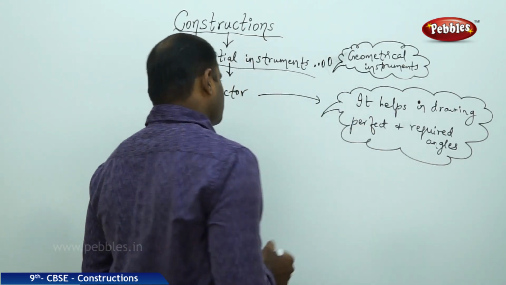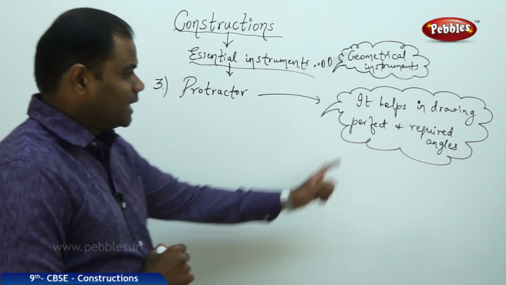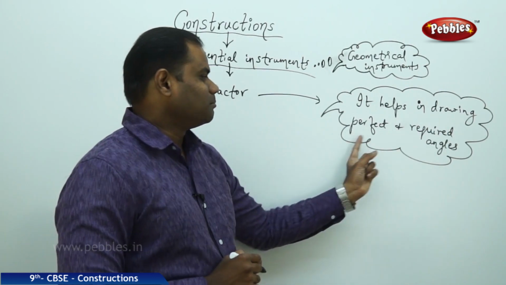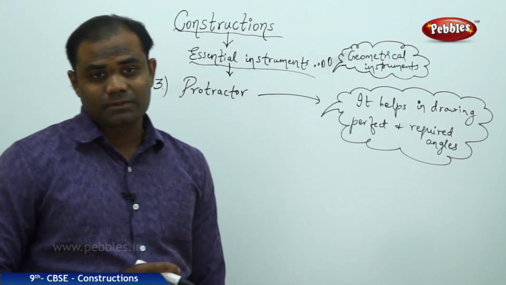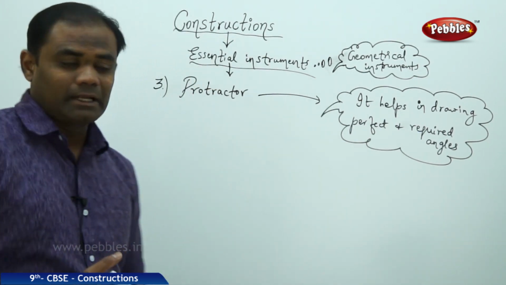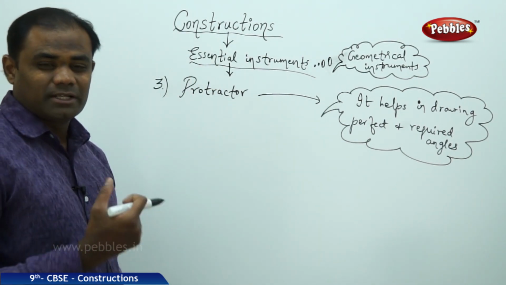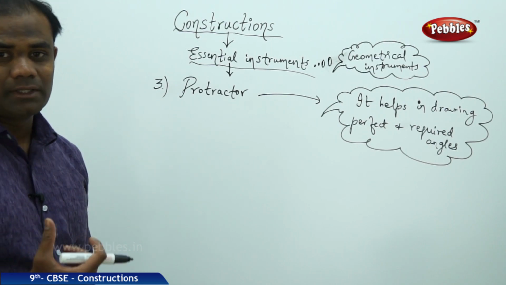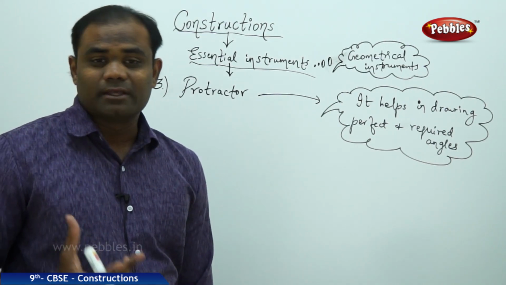So here the significance of the protractor is that it helps me in drawing perfect and required angles. Suppose I want to draw an angle of 30 degrees, then I have to use the protractor. So let's see how you can use the protractor in applications of making certain angles.